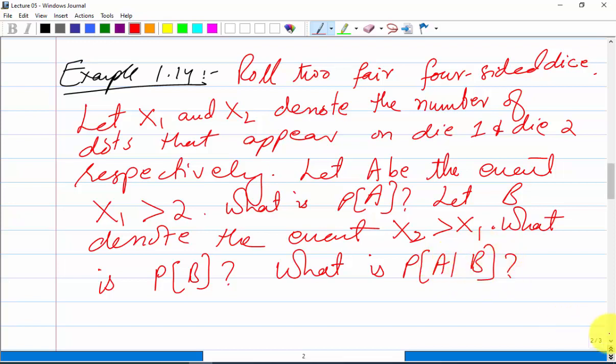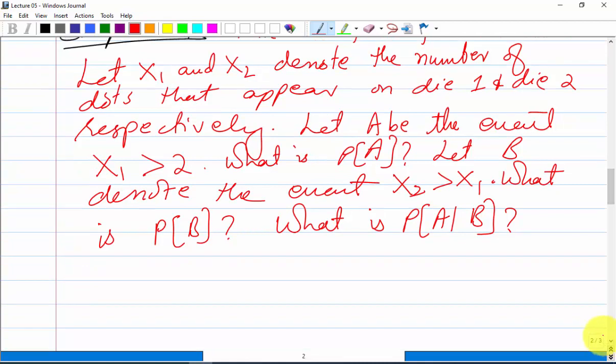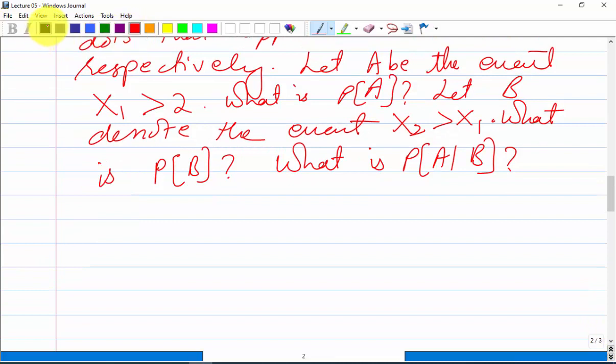So first of all, as we know, we have to define the sample space. We can define the sample space in a graphical method or a descriptive method. We will first draw the graphical method.